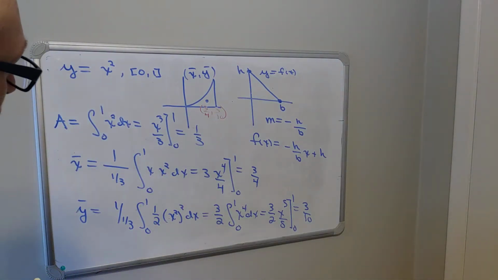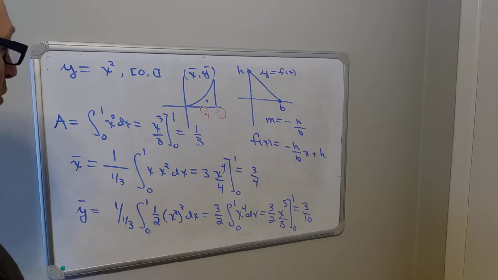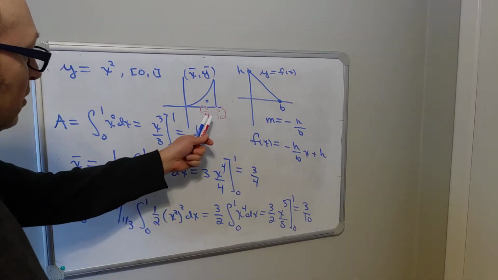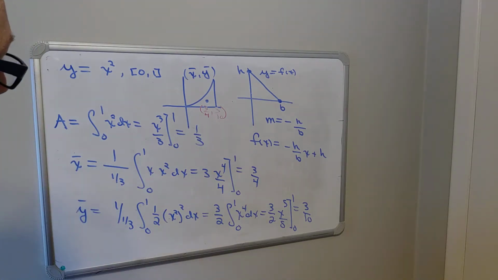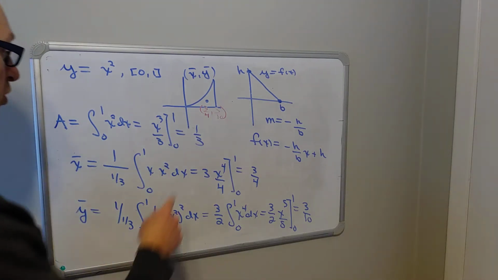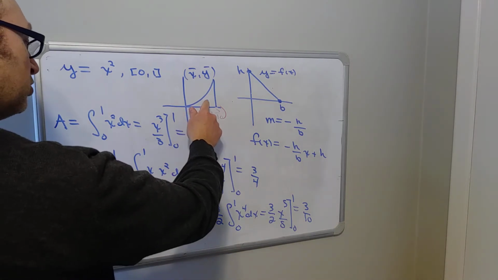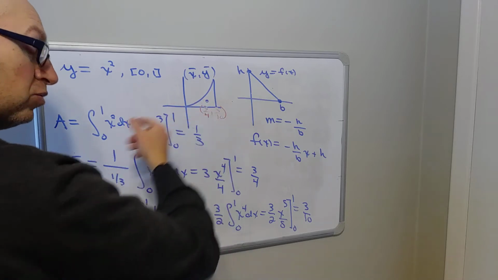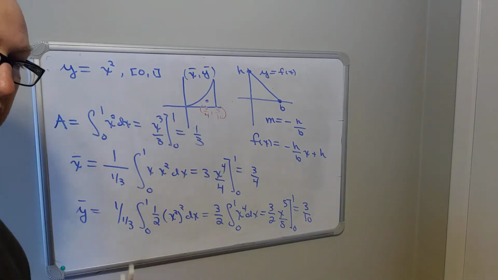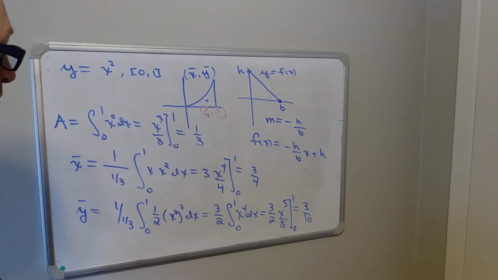And notice that they are both between 0 and 1, and inside the graph. So it looks like it definitely could make sense. So this is where the center is. When you're here, you're in the center of the area. You can rotate around this point without any wobbling. That's the centroid. Alright, so let's do one last problem.